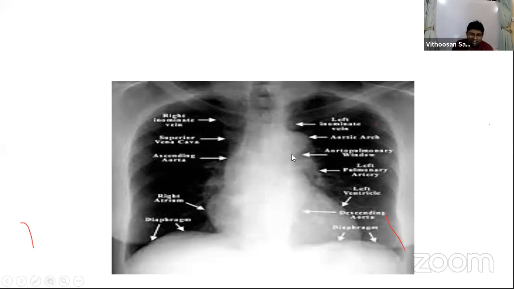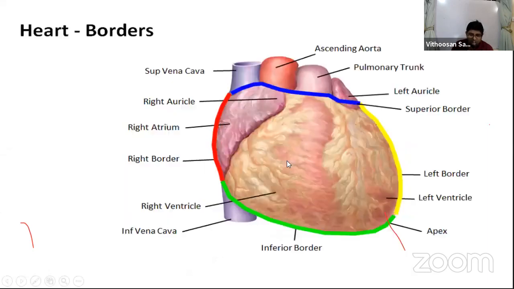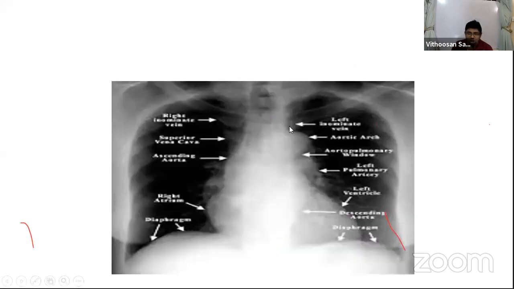Here we have the aortic arch, and here we have the superior vena cava, the opening of the superior vena cava.